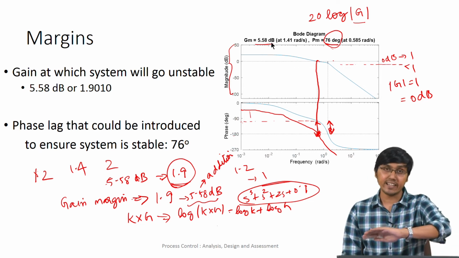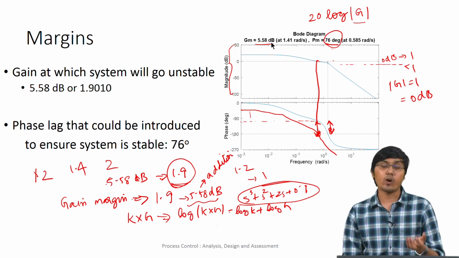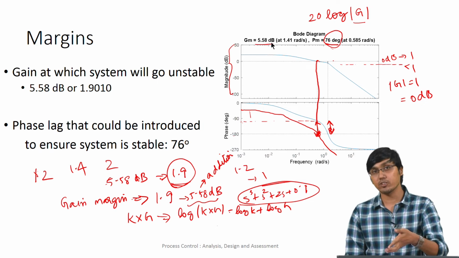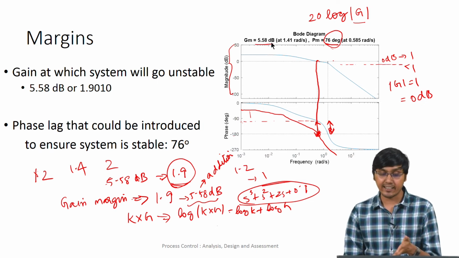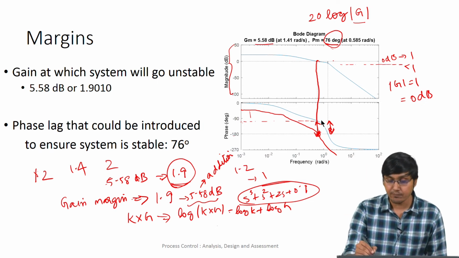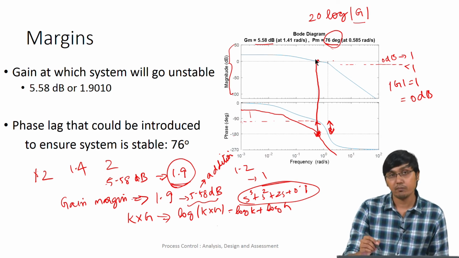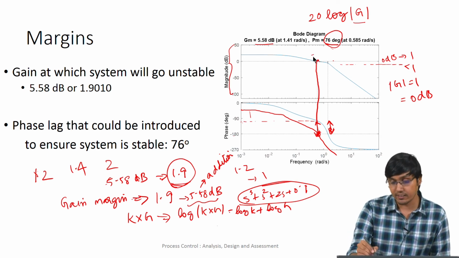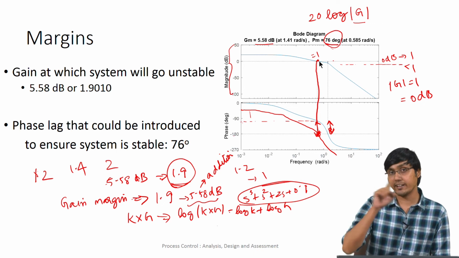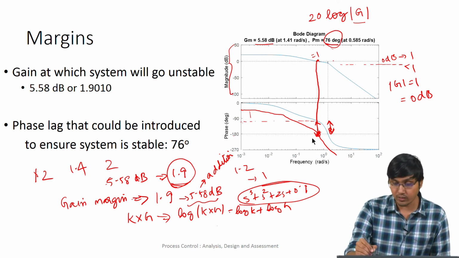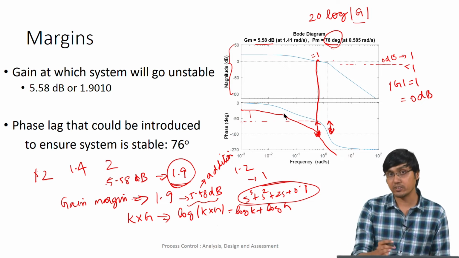And now we fix the gain plot and ask the question: what is the phase lag I have to introduce so that the system goes unstable? That is given at 0 dB, because, like Barkhausen says, the gain should be equal to 1. So at that point, what should I do to shift the phase to become minus 180 degrees?